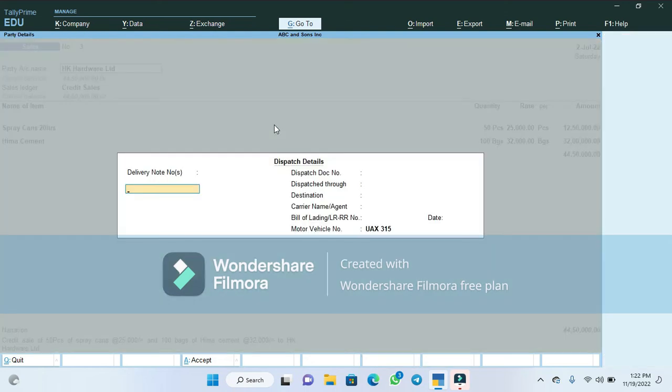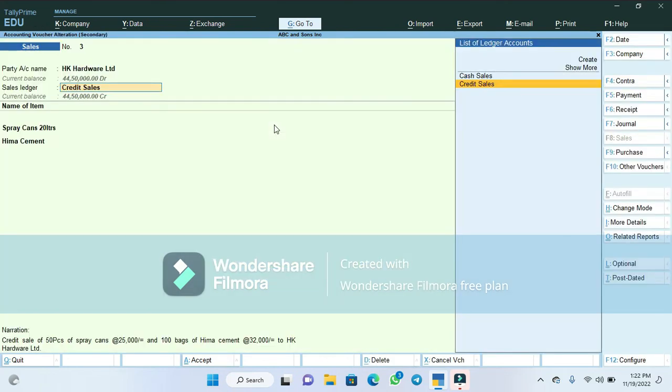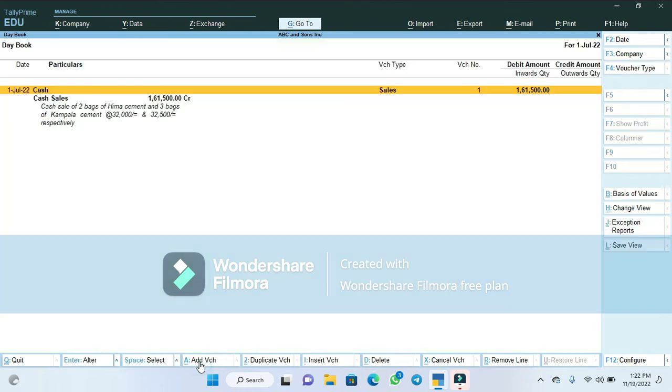They will come and correct it. Enter, enter, enter, enter. However, to avoid all this, you can just come down here and accept the transaction. So you can see that it has been sorted and the transaction of 2nd July has disappeared.